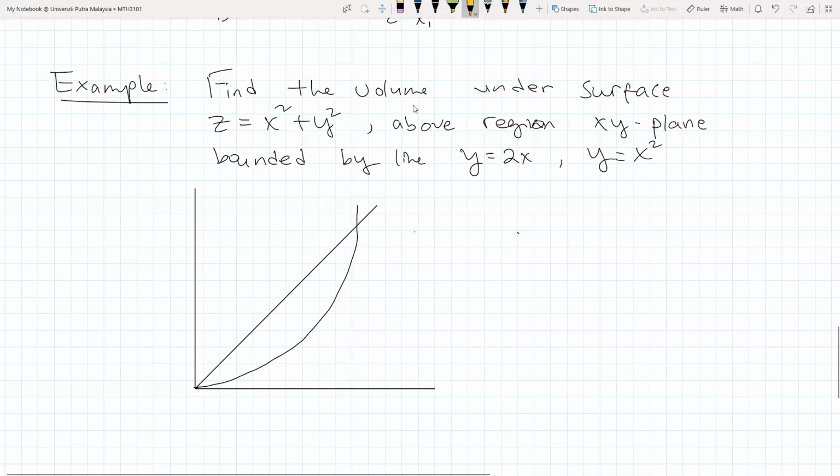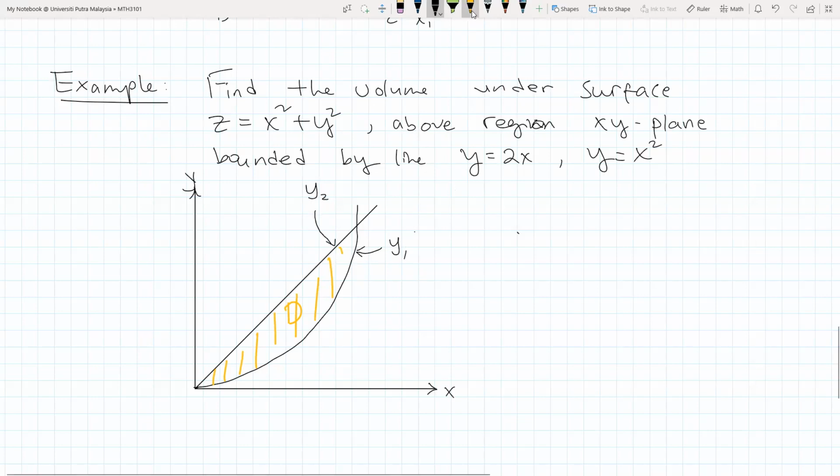The region that we are interested in is this region. This is D. Now let's look at whether it is type 1 or type 2. This is y1, this is y2, because y1 sits at the bottom and y2 is above the boundaries.